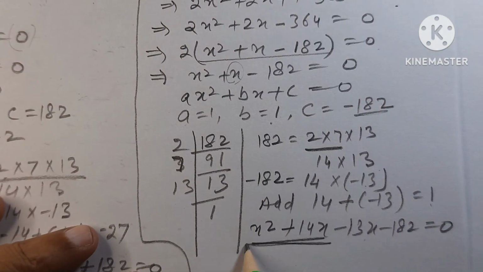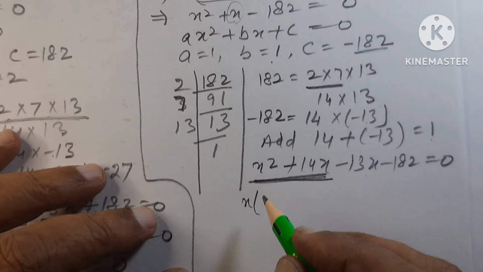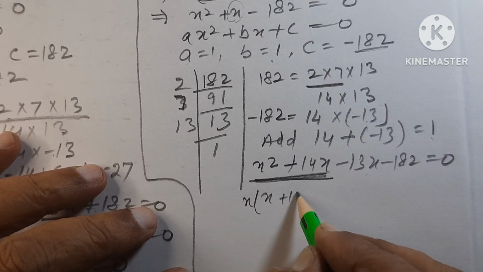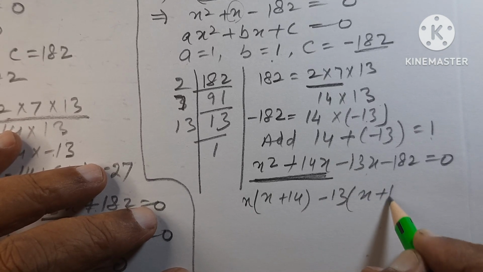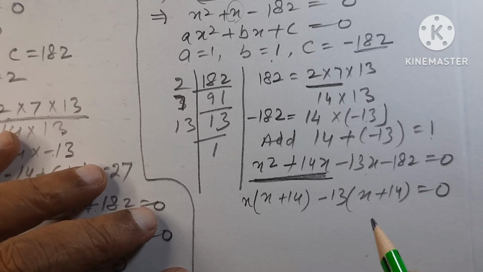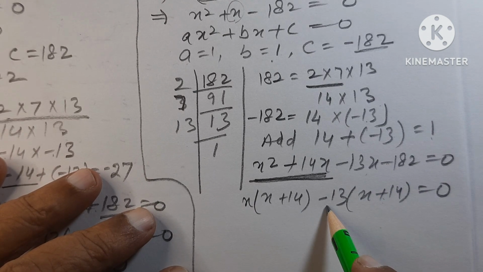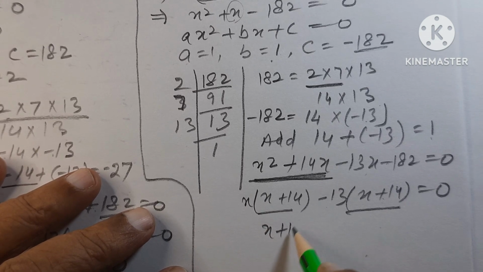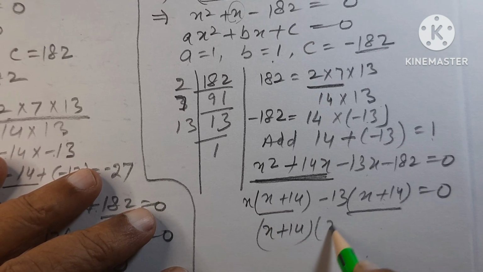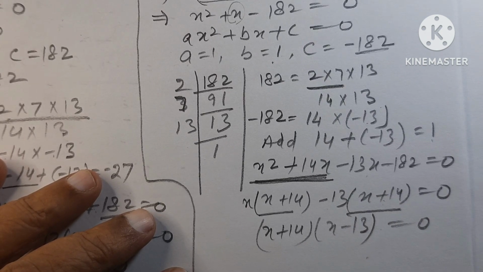So I will take the number common, whatever is the common, x plus 14 minus 13, x plus 14 is equal to 0. See the sign. This minus, I have written plus because minus outside. So this is common, x plus 14 or x minus 13 is equal to 0.